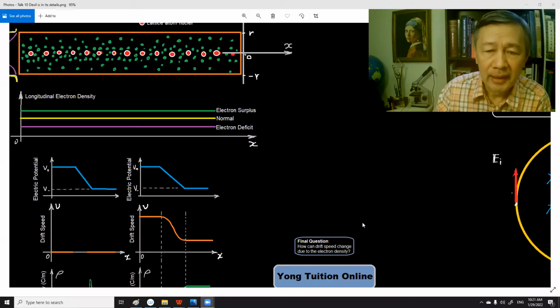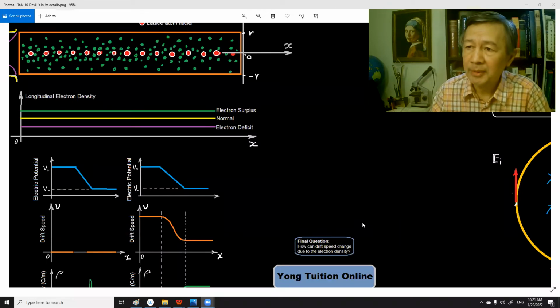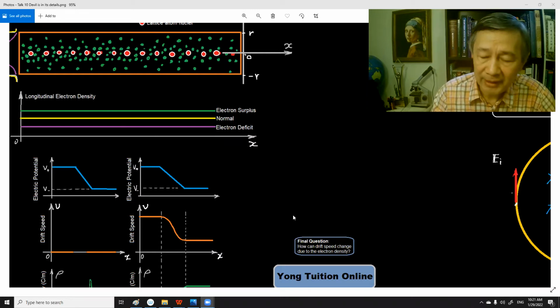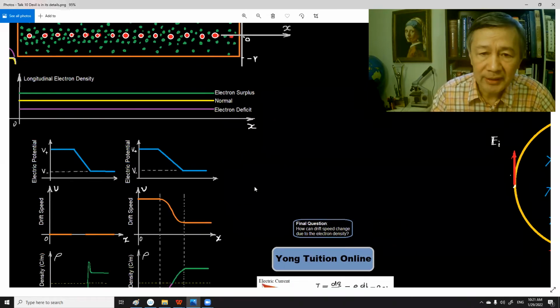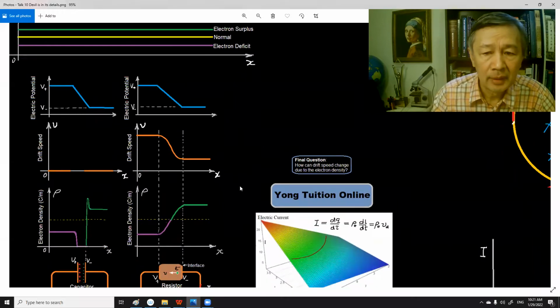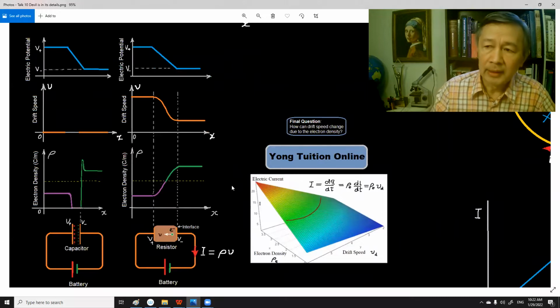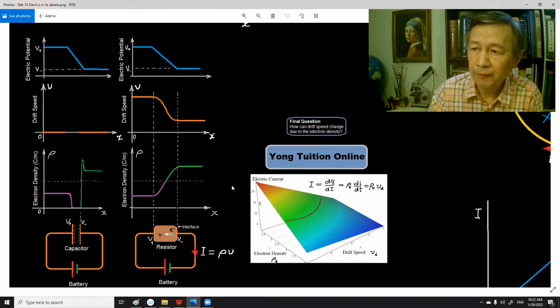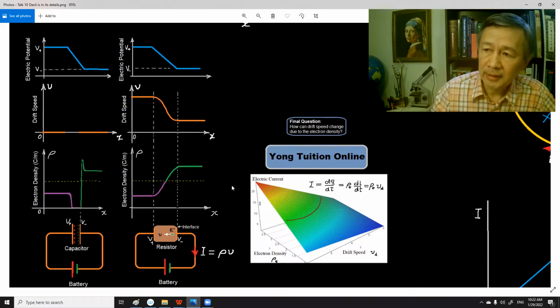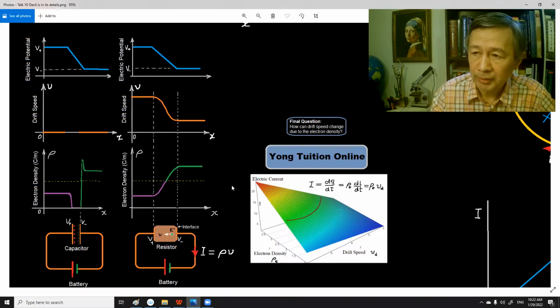Last week, I proposed a simple hypothesis to explain the electron density distribution in a DC circuit. Now, this is a relevant diagram in which I point out the fundamental difference between the electron density distribution in a capacitor and a resistor.